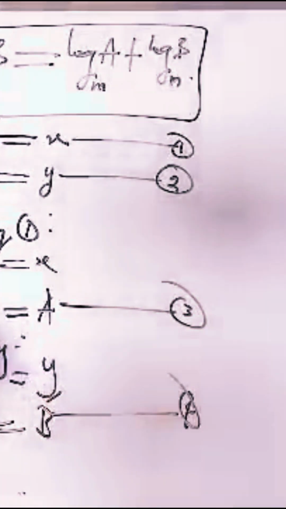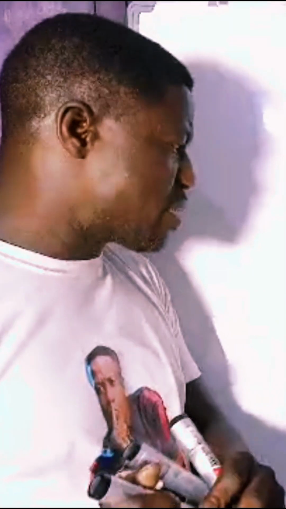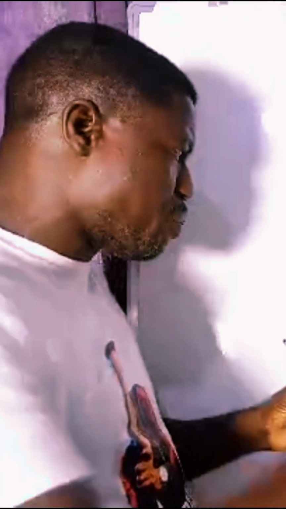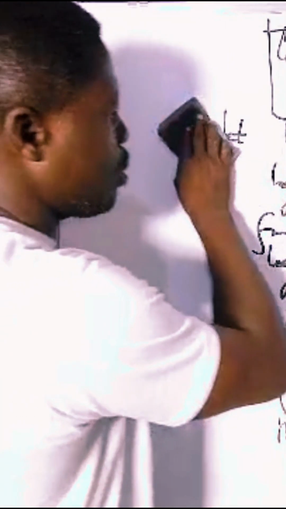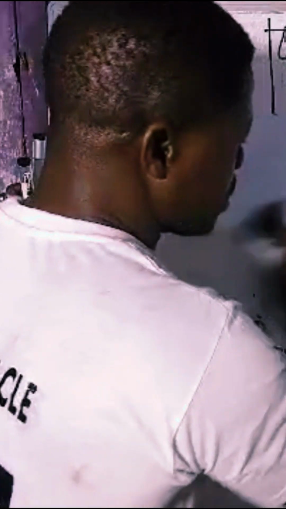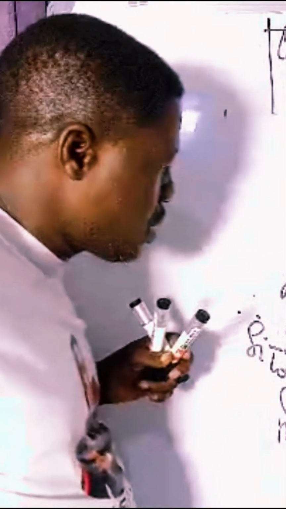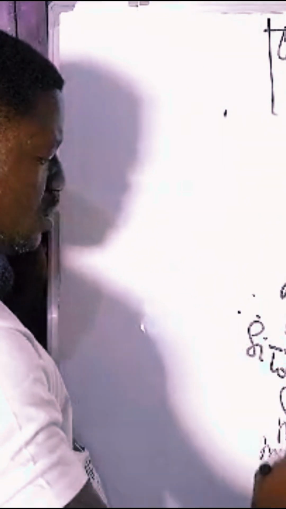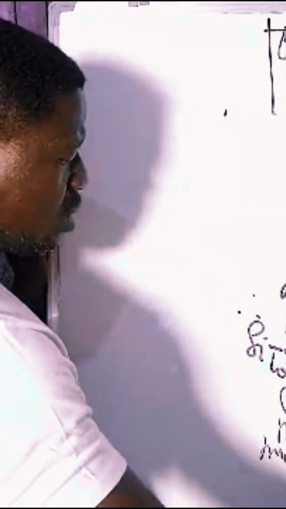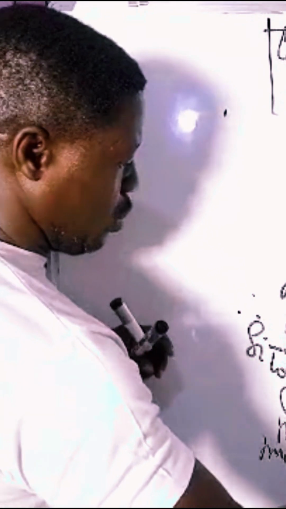Now, after this, the next line of action is multiplying equation 3 with equation 4. Let us proceed to multiply equation 3 and 4.